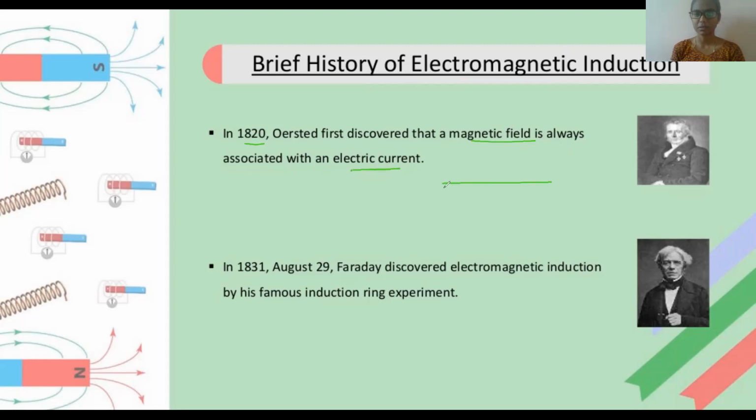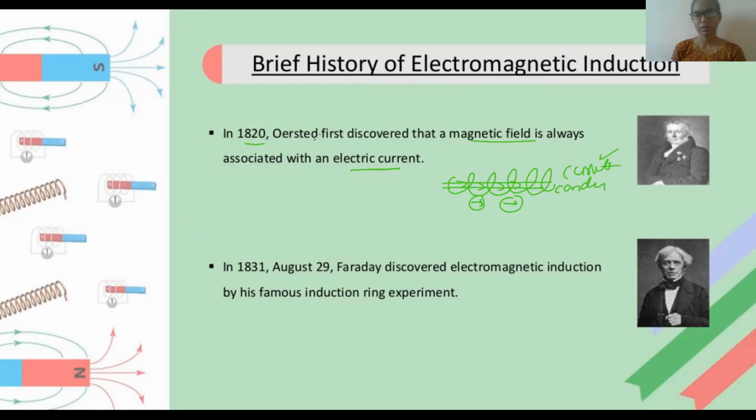That means when current is moving inside a conductor, a magnetic field circulates around it. Oersted explained that when you use a compass, it shows deflection because current is moving.